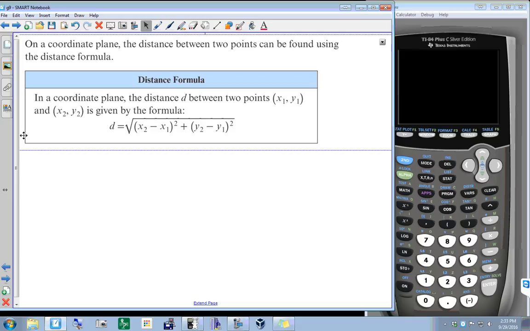Now, one of the reasons why I want this information in front of me goes back to this whole idea that everybody thinks that mathematics is way too difficult. This tells us exactly what we need to do. Given a first coordinate x1, y1 and a second coordinate x2, y2, where do these things go?